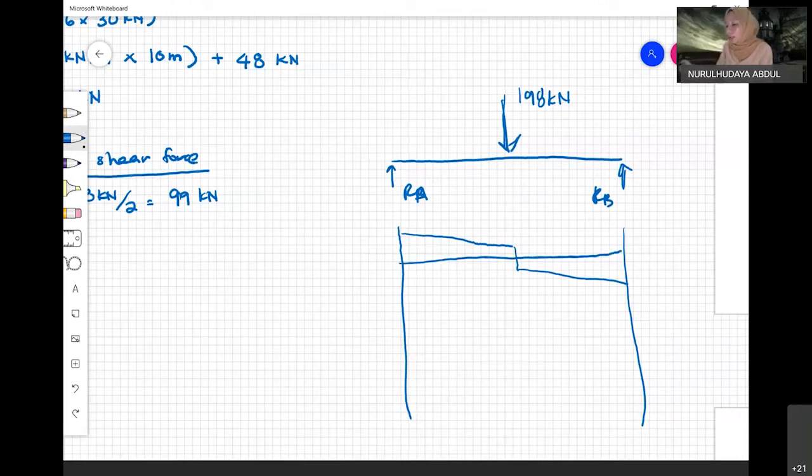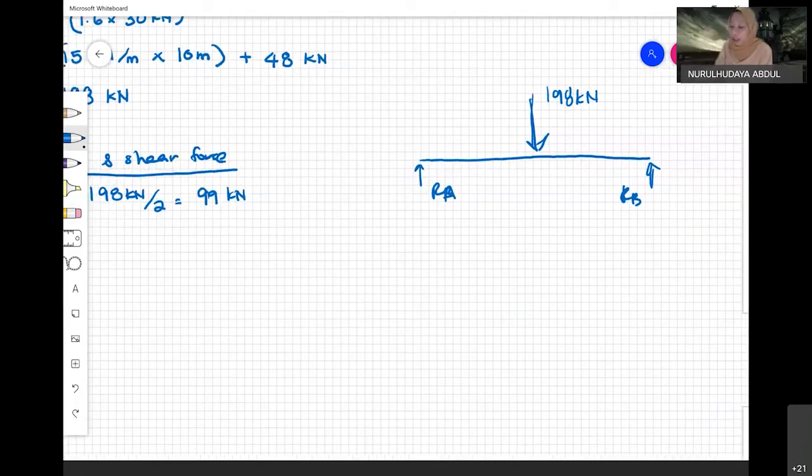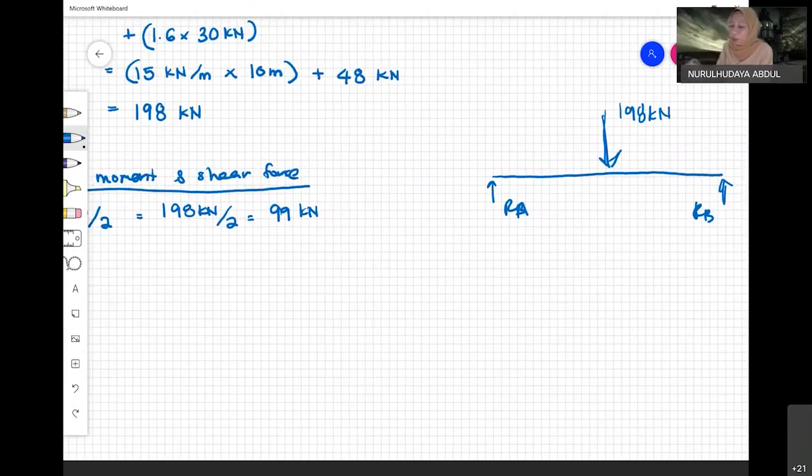Dia akan jadi macam ni. Okay, so obviously inilah maximum. Kalau you lukis lah. This one kalau you rasa you nak prove, you can draw. Sebenarnya but normally kalau dia symmetry, maximum dia biasanya memang dekat reaction tu sendiri. Okay. Itulah maximum value.